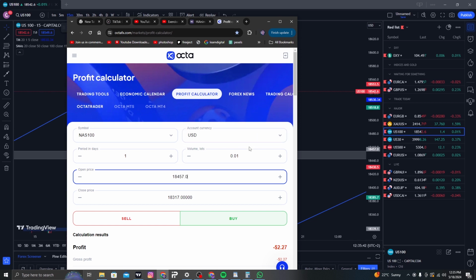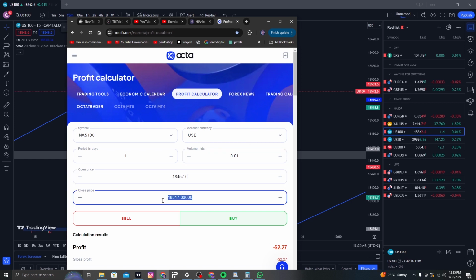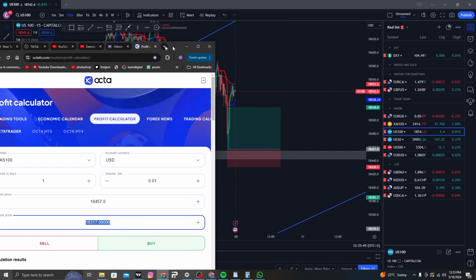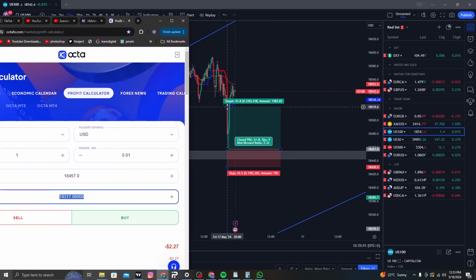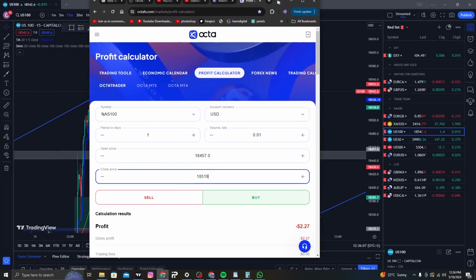This is your entry point. You get it? Now you go to where you're going to take your profit. You put it here. Your profit level is here, which is 18518. I'm writing it down, I'm going to show you after this. This is your profit level.